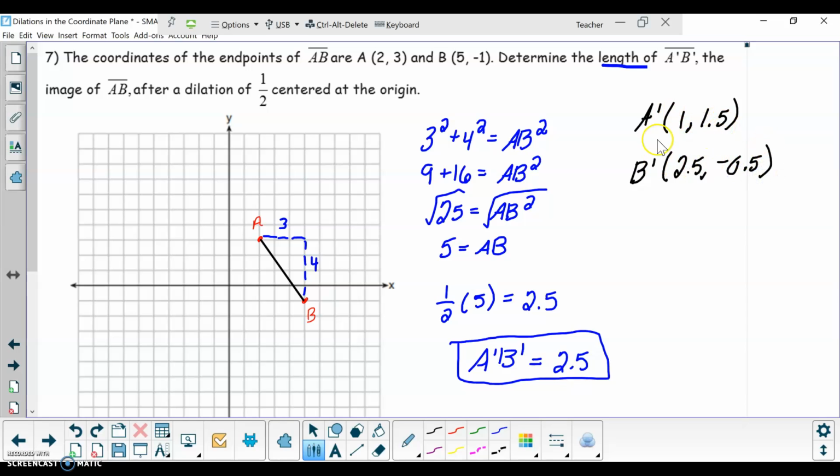If you want, you could find the length between these 2 points, and you will get 2.5. But typically, we don't like finding the length of coordinates that involve decimals. We usually like to deal with nice points. So in this case, you'd probably want to find the length of just AB.